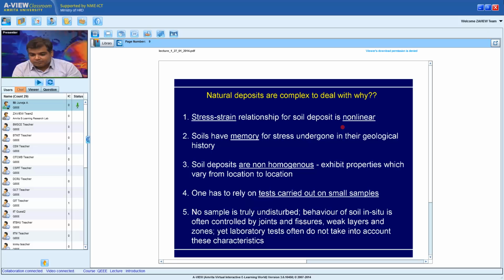The very first one is that the stress-strain relationship for soil deposits is non-linear. Amongst all the materials which we use for construction or day-to-day usage, soil is the most unique material because its stress-strain behavior is non-linear.